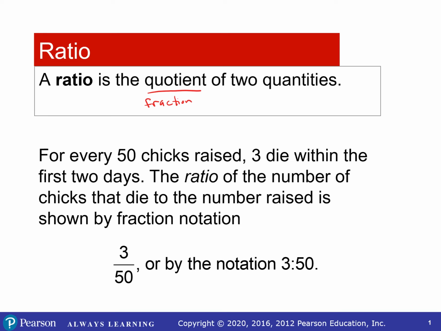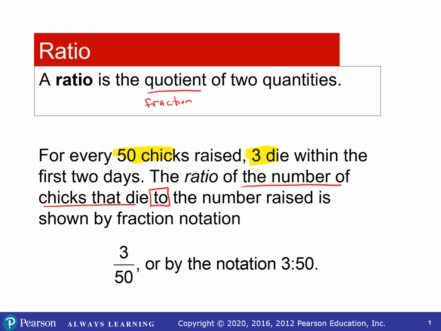The ratio of the number of chicks that die to the number raised: the number of chicks that die would be the 3, and the number raised would be the 50. So these are the two quantities that we're using in this ratio. So the ratio would be 3 to 50, or 3 over 50.